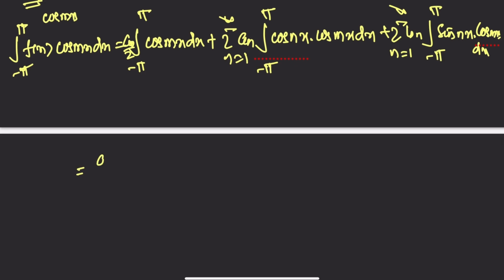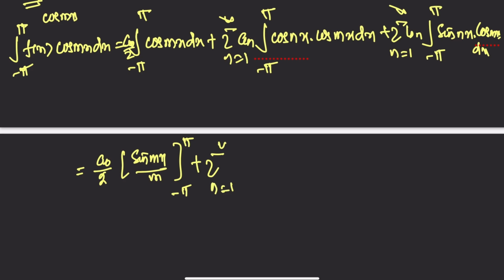This equals a0 by 2 times the integration of cos mx, which is sin mx by m from minus pi to pi, and the second term becomes summation n equals 1 to infinity an. Here use the orthogonal property of the cosine function, so the second term gives pi times Kronecker delta nm. In the third term, use the orthogonal property, so it becomes 0.